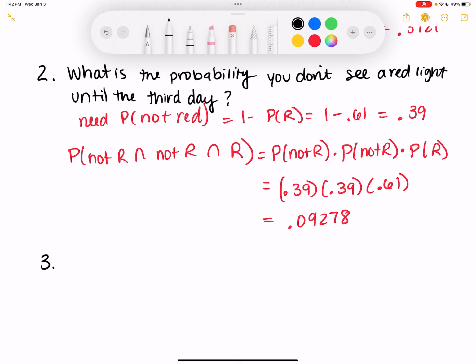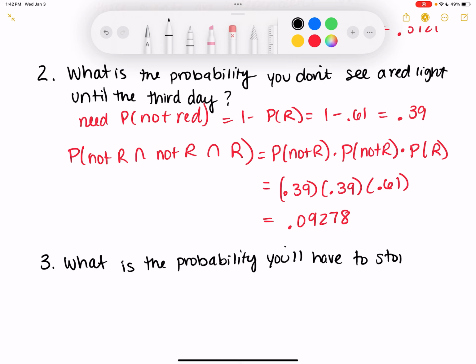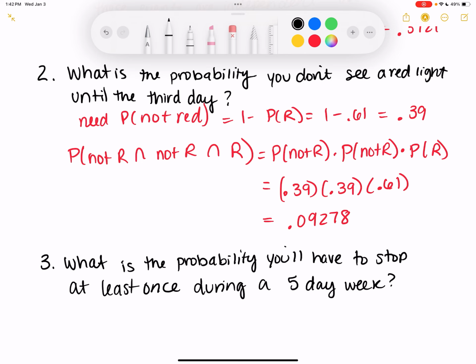All right, so down to the part we didn't write yesterday. What is the probability you'll have to stop at least once during a 5-day week? Now, key phrasing here, at least once.